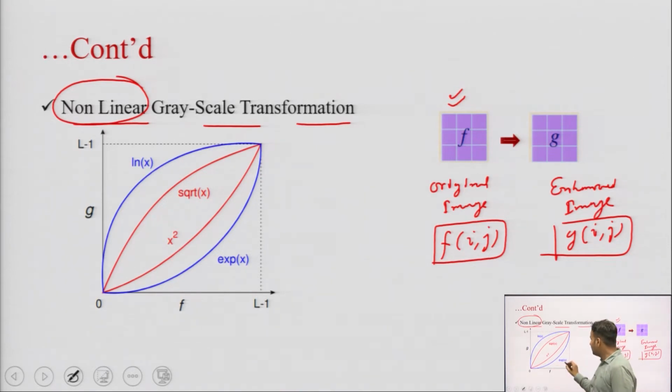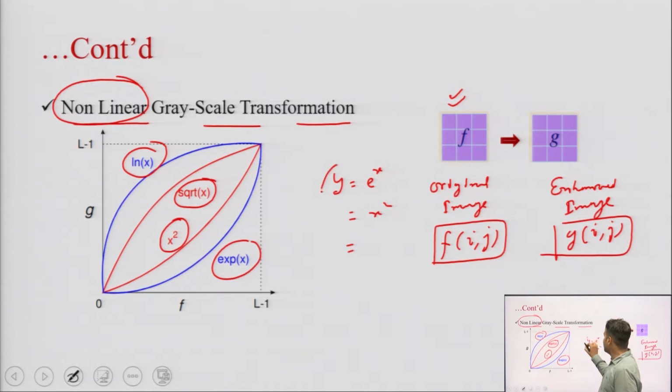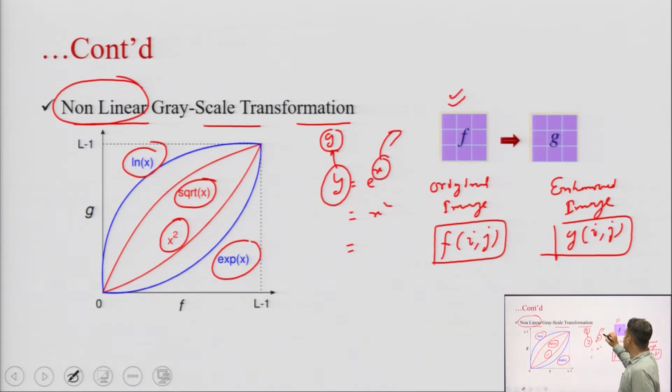Here it might be exponential type, x square type, square root type, or natural log type. So y can be exponential of x, y can be x square, or if we talk about the enhanced version, then we take g as y, and x is f of i comma j.